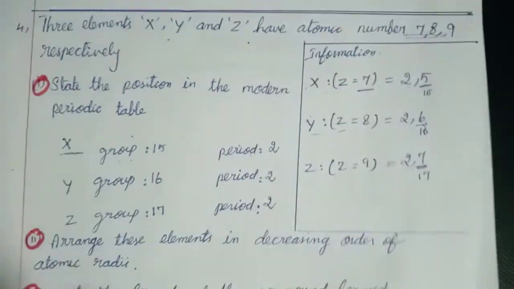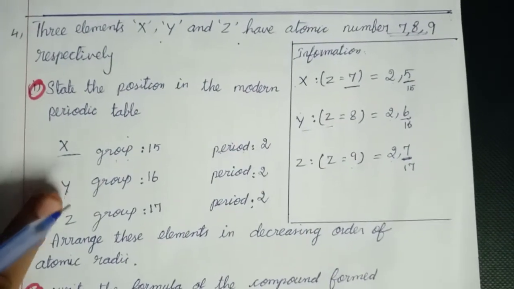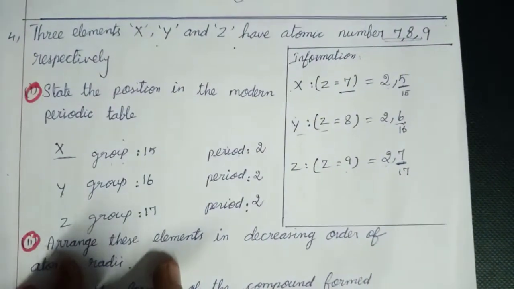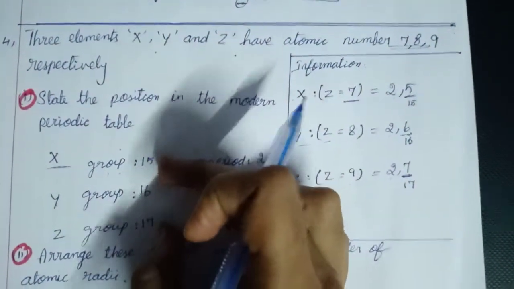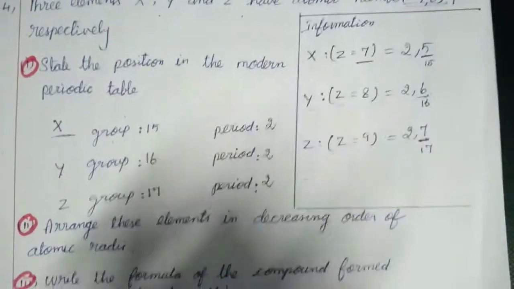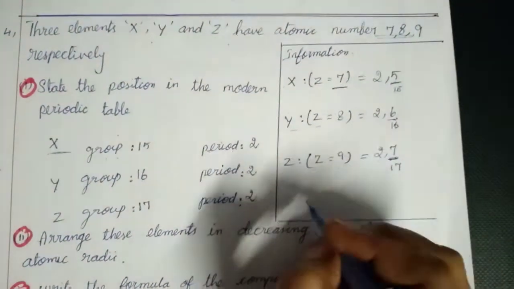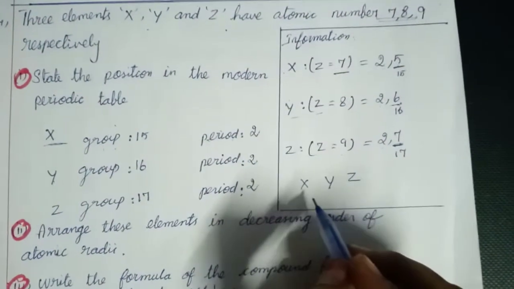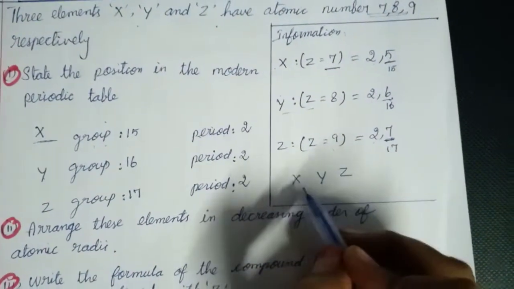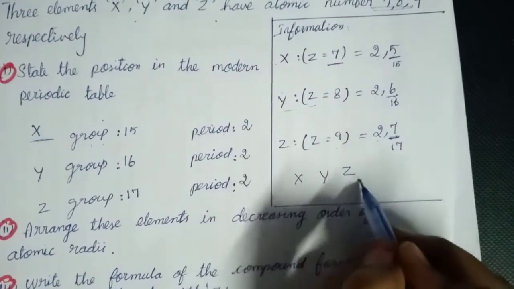So all the elements X, Y, Z, these 3 elements belong to different groups but the same period. So X, Y, Z.